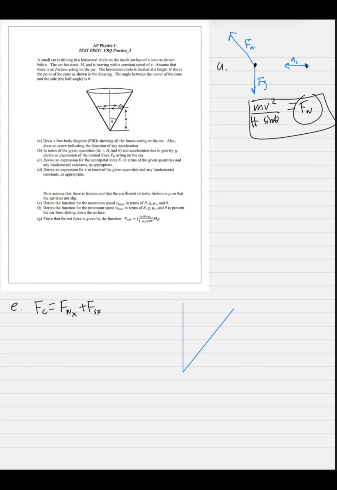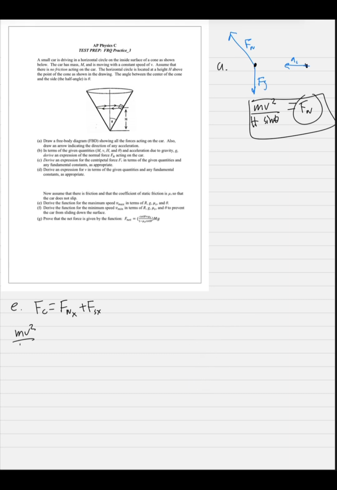For Fs, we're pointing down the ramp. We know this is theta, and its components Fsx, Fsy, and right here we use the same angle. So the angle will be opposite from Fsx, so we use sine, and Fsy will be adjacent, so we use cosine, and we're going to use Fsy.